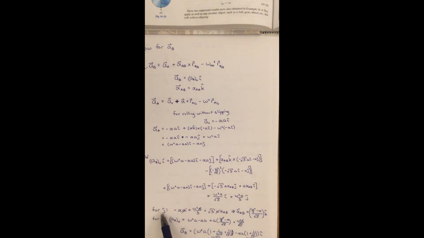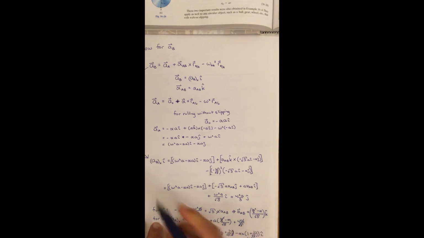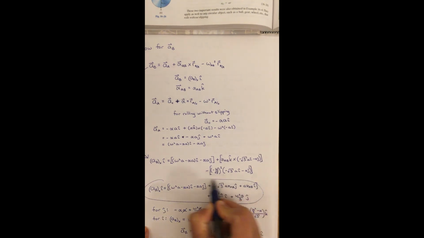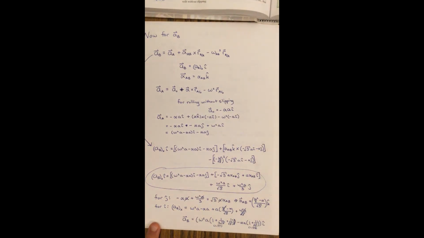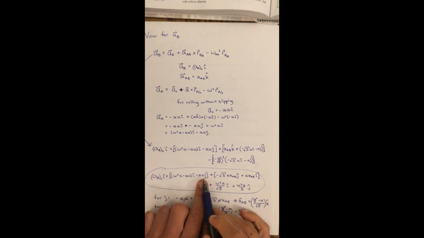Then I'm going to look at the j hat terms and the i hat terms. Maybe I should say a_B x i hat here. Okay, so now we're looking at what we have here, and we're going to do the j hat terms first. So no j hat term on this side, so I have a j hat term here, and a j hat term here, and a j hat term here.